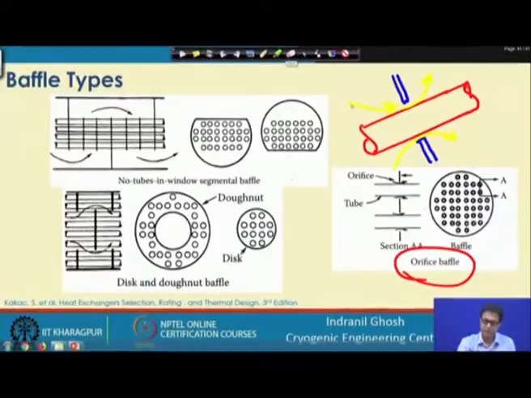I am sorry, this is the tube side fluid, this is the shell side fluid, and we have this baffle and this baffle. Between the baffle and the tube we have a small gap through which we allow the shell side fluid to pass. So, you see here, it is forming a kind of orifice between the baffle and the tube, and that is where the fluid will be passing through.